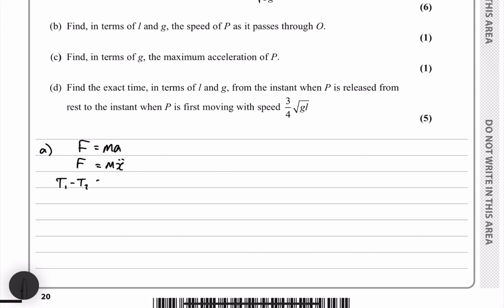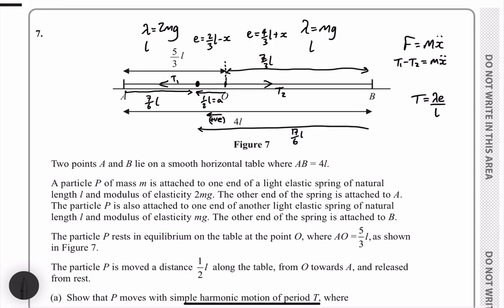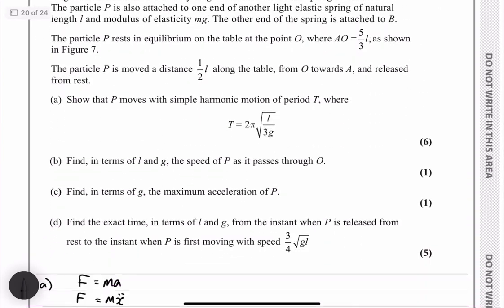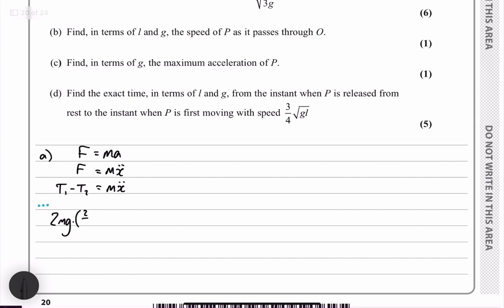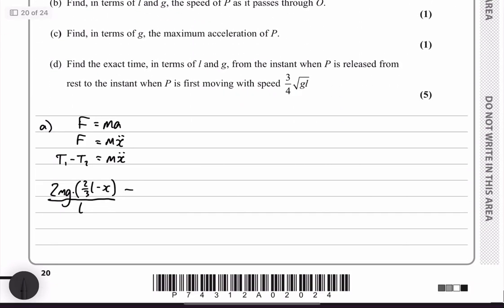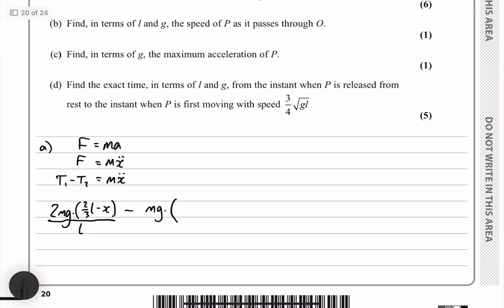T1 minus T2 is equal to m x double dot, and then T1 is lambda E over L. Lambda for T1 is 2mg, times the extension, which was 2/3 of L minus x, and all of that over L, minus T2, lambda for T2 is mg, times E for T2, which is 4/3 of L plus x.